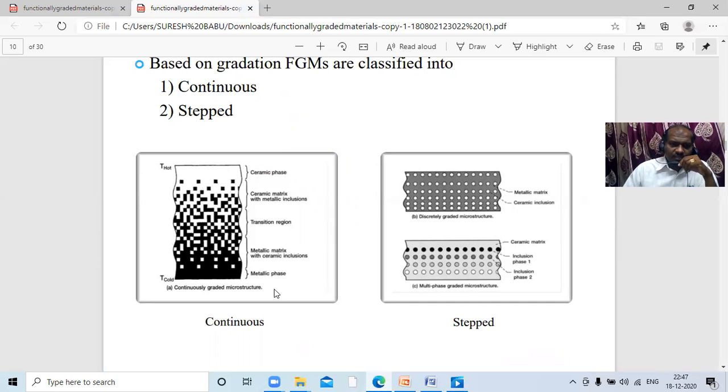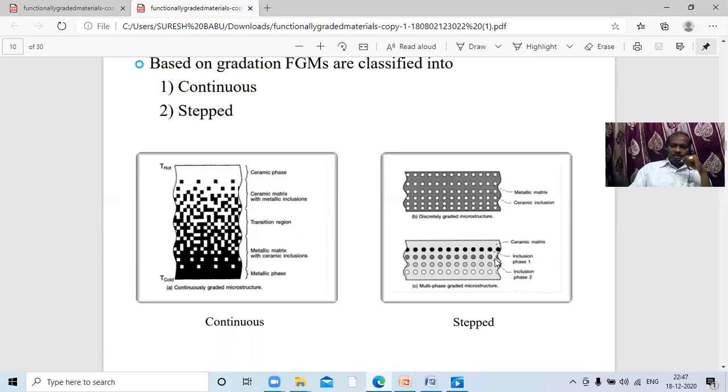Continuous graded microstructure: metallic phase, metallic matrix with ceramic inclusions, transition region, ceramic matrix with metallic inclusions, ceramic phase. Coming to this one: metallic matrix, ceramic inclusion. Here, ceramic matrix, inclusion phase 1, inclusion phase 2.